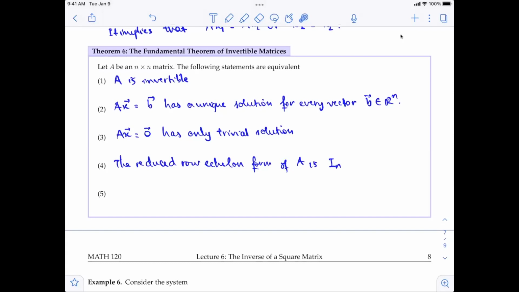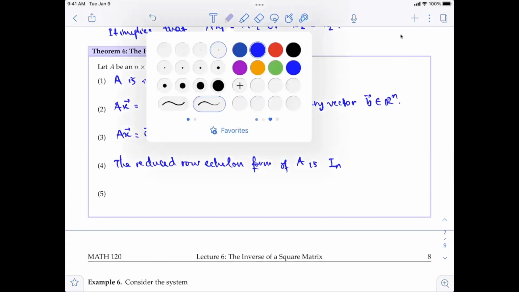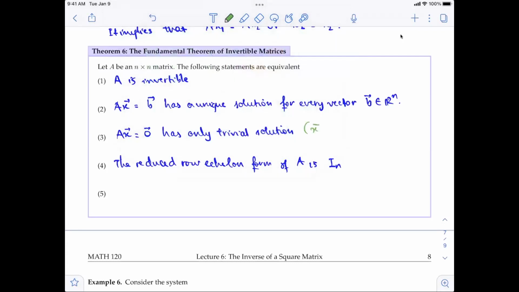That means X is equal to 0. So the trivial solution in this case means that X is only equal to the 0 vector. And if you perform the Gauss-Jordan elimination method on A, you're going to get the reduced row echelon form, and that is the n by n identity matrix.